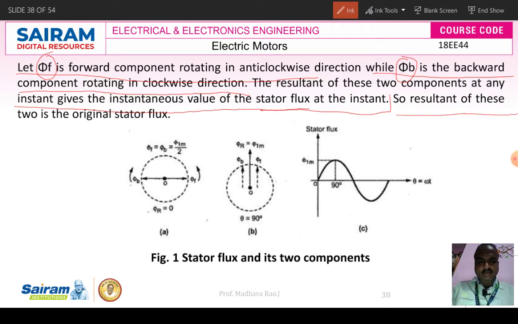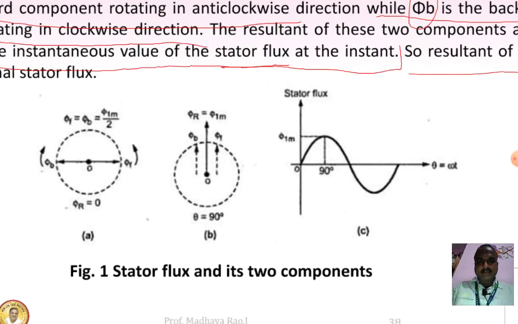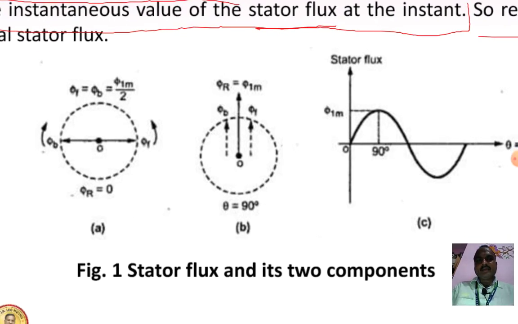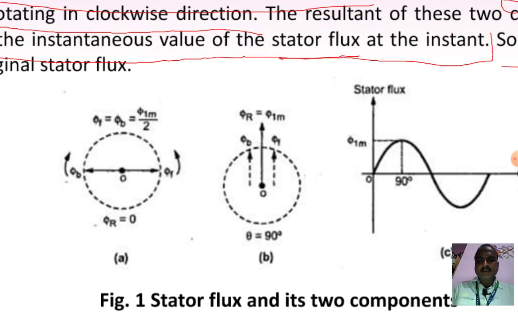In this figure we can see phi b represents the backward flux, which rotates in the clockwise direction, and phi f represents the forward flux, which rotates in the anti-clockwise direction. When the two are opposite each other, the resultant flux will be equal to 0.